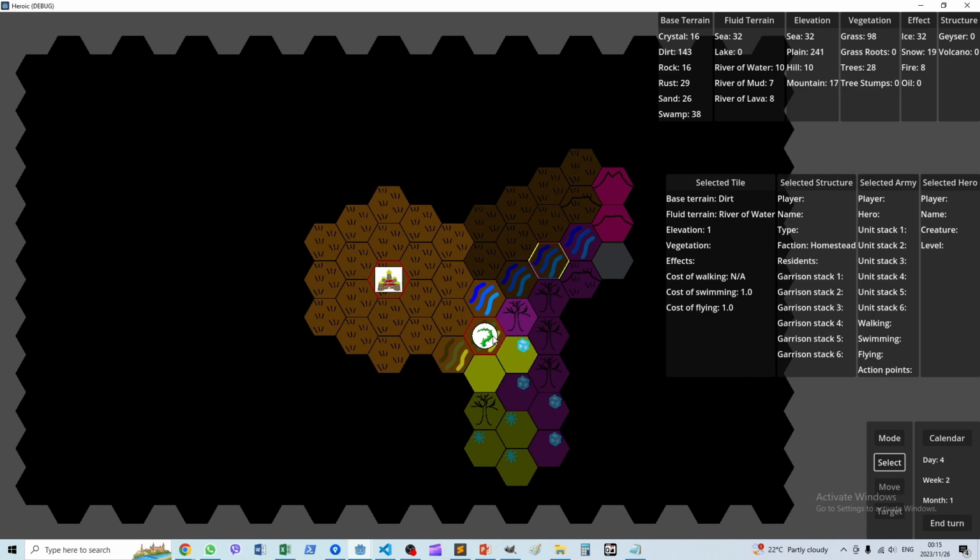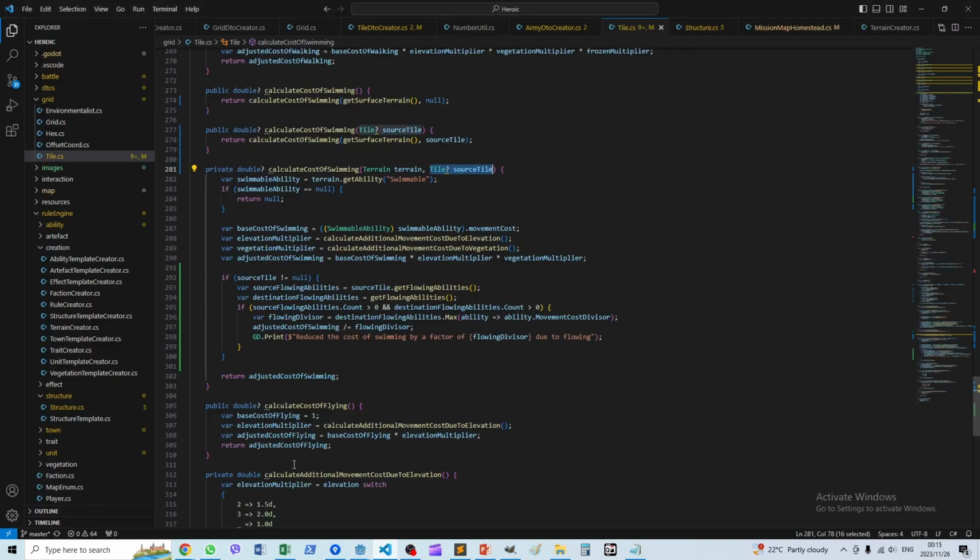But now when we move an army across, then we do know where we're coming from, because that's just the tile that the army is currently on before it moves. So when we have the source tile, when we are moving, then we can perform this logic over here. What we do is extract the flowing abilities from the source tile, so from the tile where the army is, and from the destination tile, so the tile that we're trying to move onto.